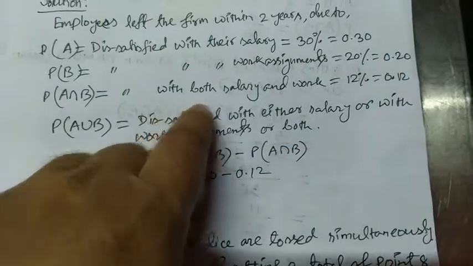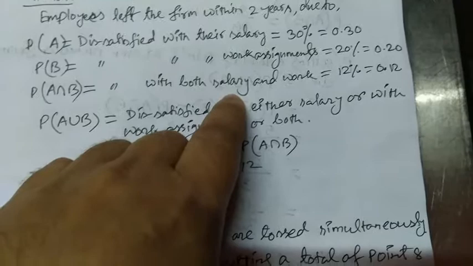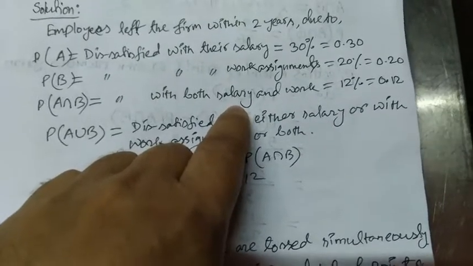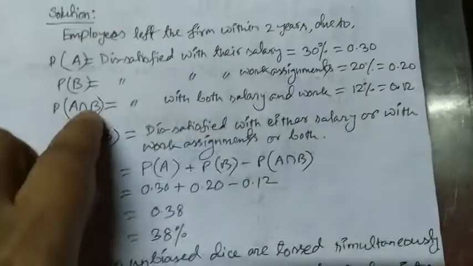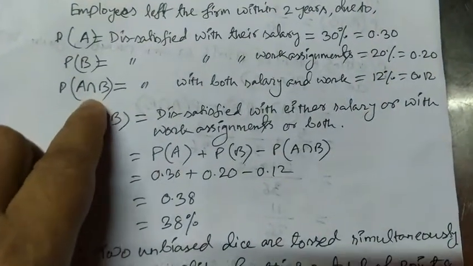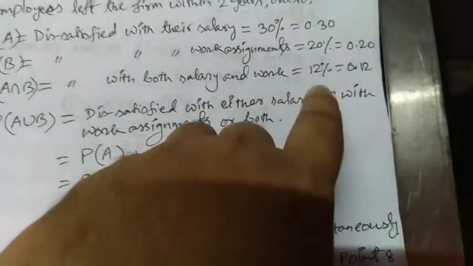And 12% left due to dissatisfaction with both salary and work. Whenever you see "both" and "and," that means intersection, that means common. That means A intersection B. The probability of A intersection B is 12%.